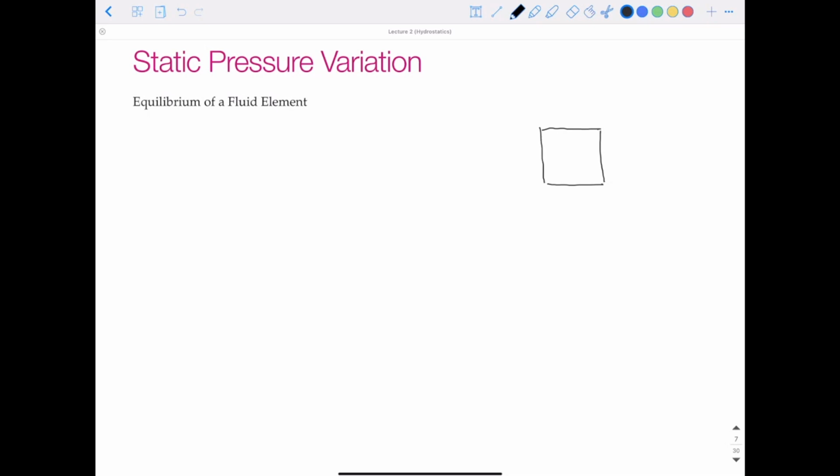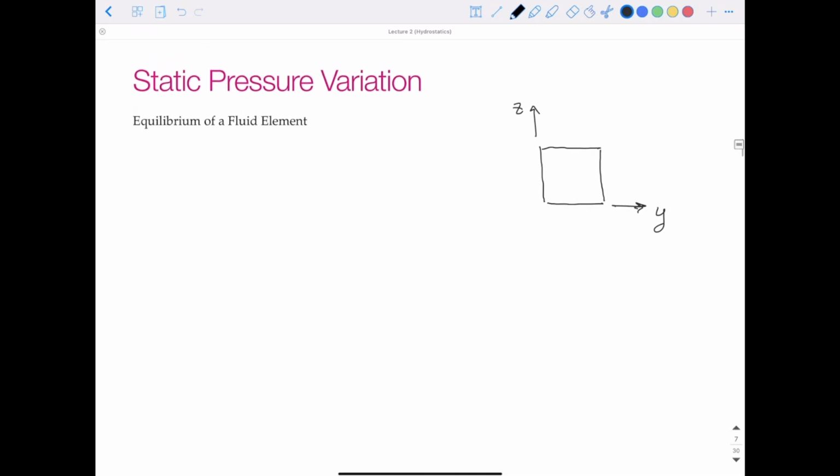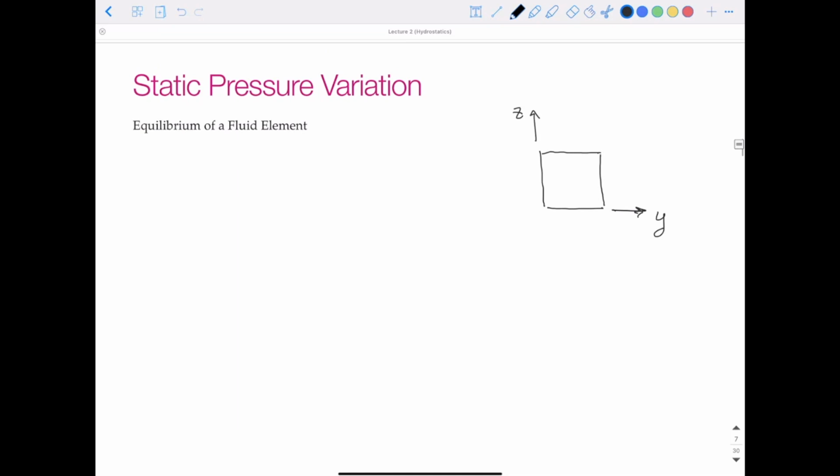So if we have our differential element, and let's do the YZ axis this time, this is our element. It is sitting in the YZ axis and it has some distance into the page in the X axis.